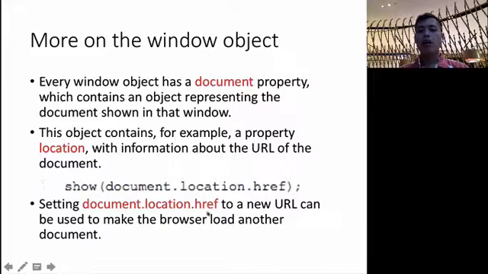This is an example of show, basically the location property. And then setting document.location.href to a new URL can be used to make the browser load another document. So when we run show, this would open a new document. That's the idea behind it.